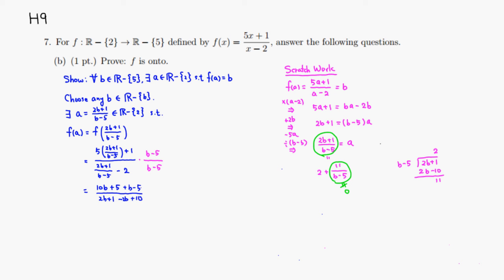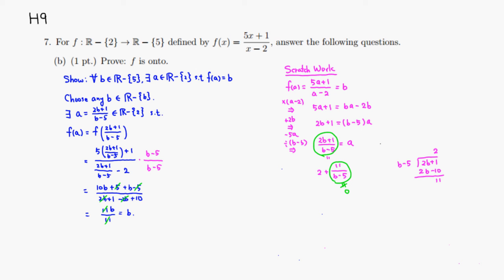Then let's simplify. The 5 and negative 5 cancel, and the 2b and negative 2b cancel. So on top, 11b, and on the bottom, 1 plus 10, which is 11. We can cancel the 11 to get b.